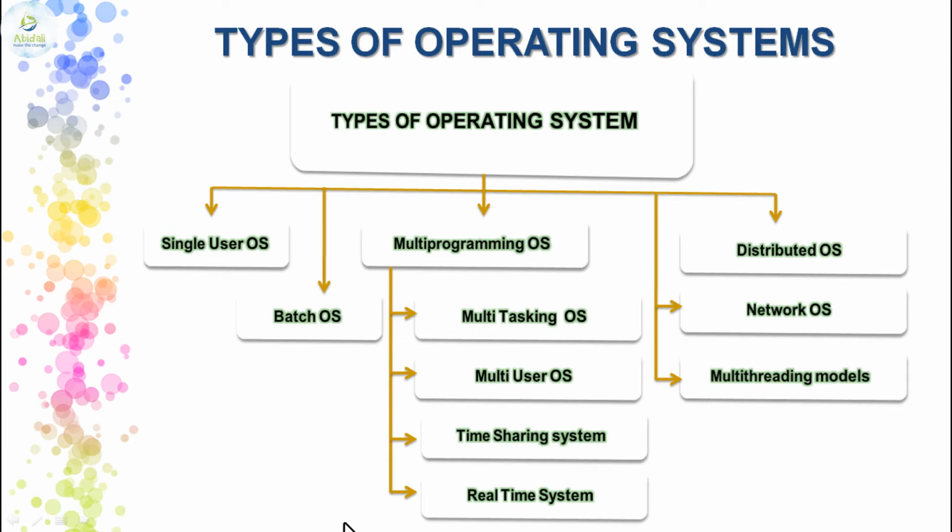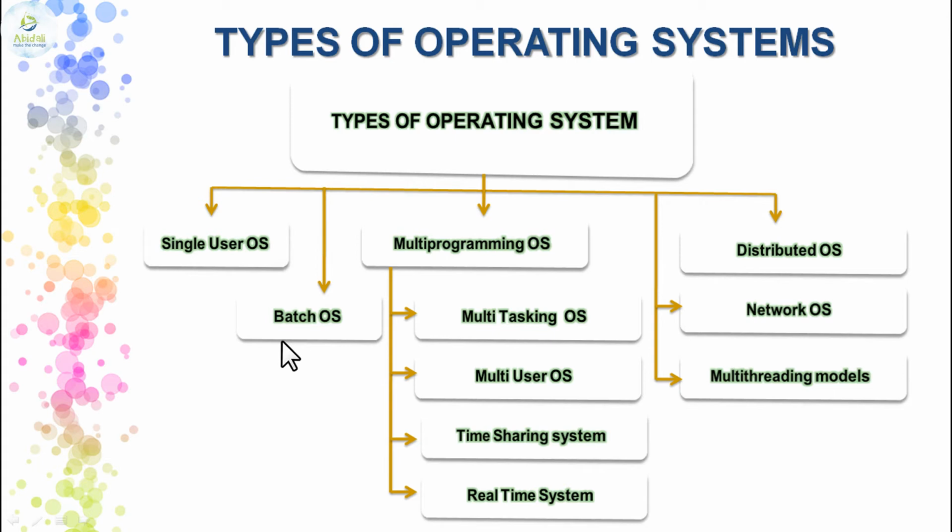Next, and the very most important subtopic we have is the types of operating system. The different types of operating system that we have are single user operating system, where one user is performing a job and only one task is being done. We will have the categories of this also.